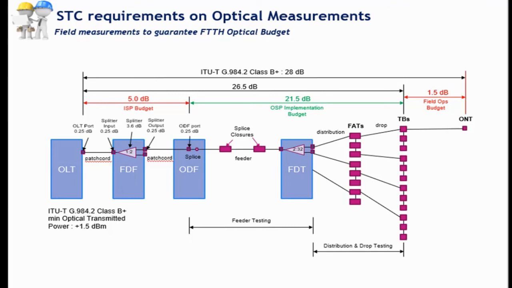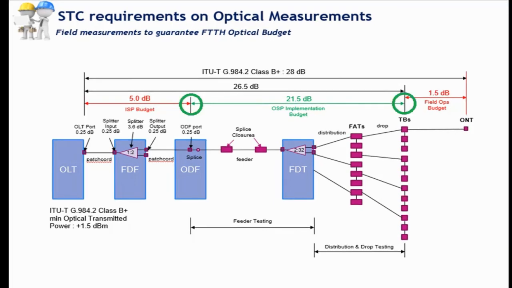Thus, in other words, an optical budget of 21.5 dBs measured between these two points corresponds to an absolute power of minus 25 dBm at this point.